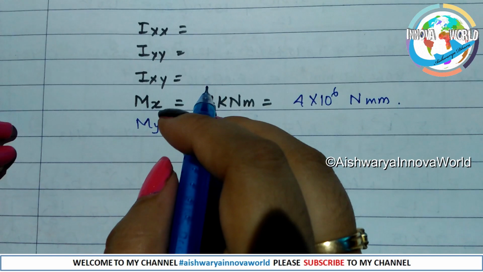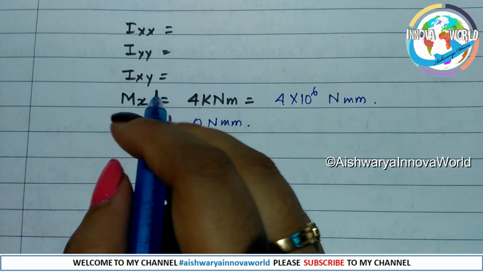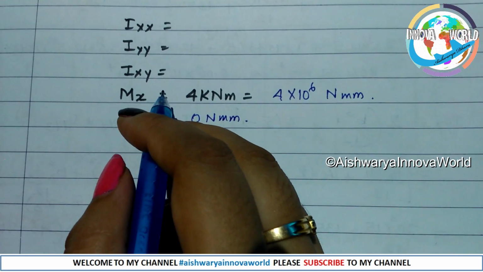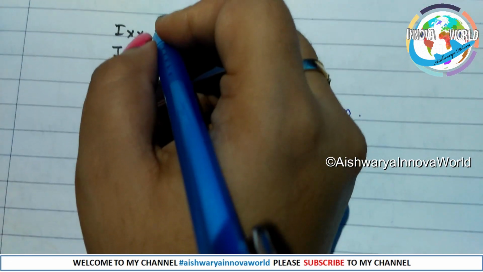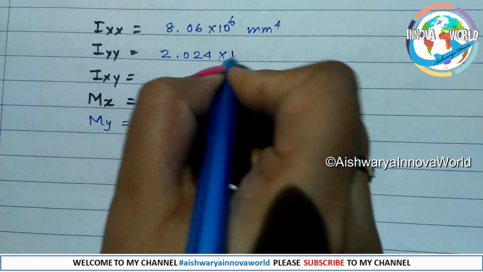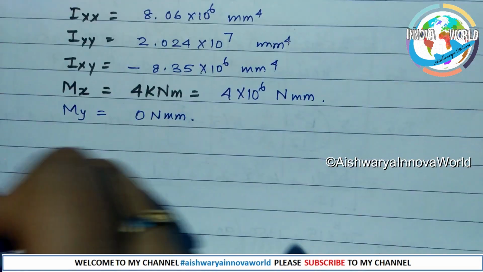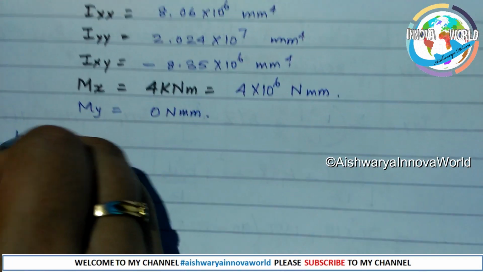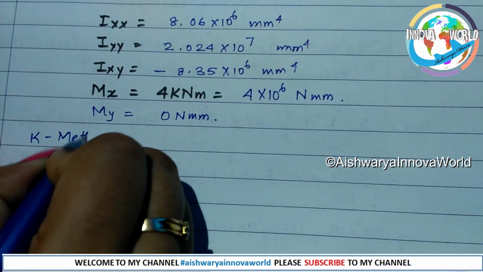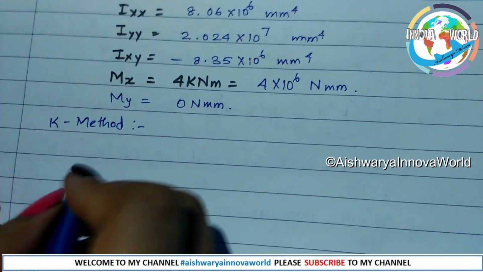Now all these values, what you have to do is substitute in your formula. Which formula? So let me first write these values. Now according to the K method, what is the formula?